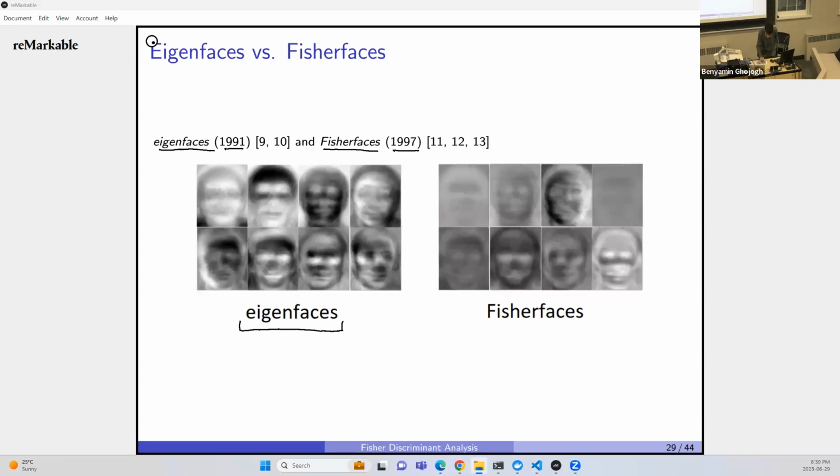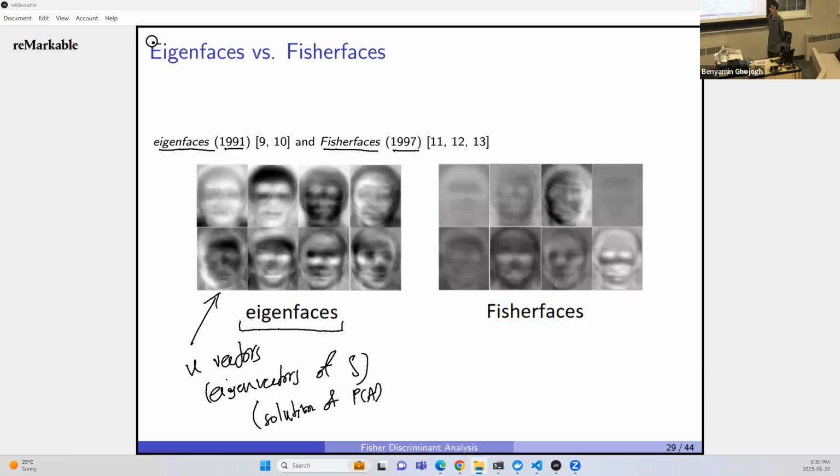Okay, these are the U vectors. These are the eigenvectors of S, the covariance matrix, the solution of PCA. As they are very similar to ghosts, we also call them ghost faces.